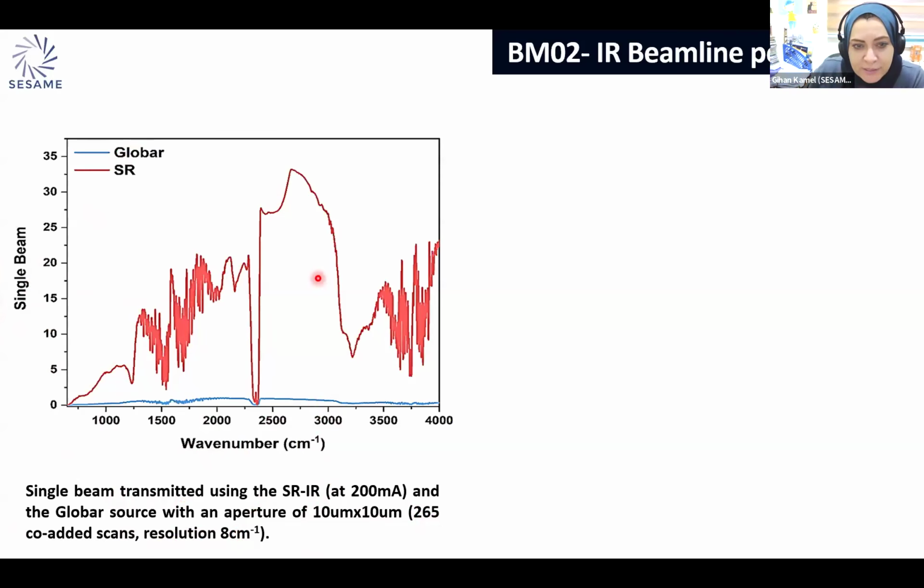So you see here, this is the synchrotron, the red one, and the Globar is the blue one. And here it's quite visible to see the comparison between the signal obtained by the synchrotron IR with respect to the Globar. Again, at the same current, the same aperture size, because whenever you want to compare, you have to maintain the same parameters, the same conditions, for your comparison to be valid, okay?